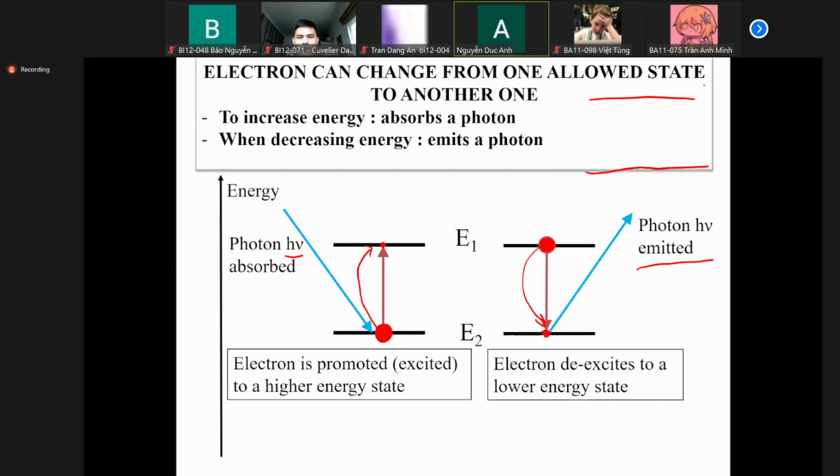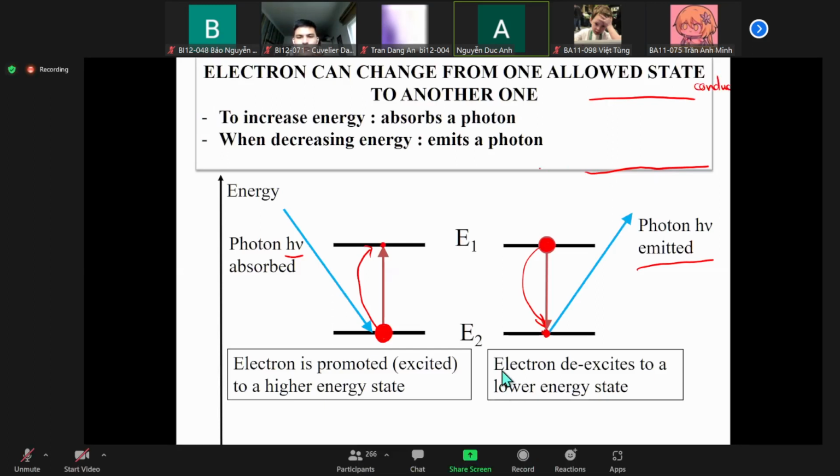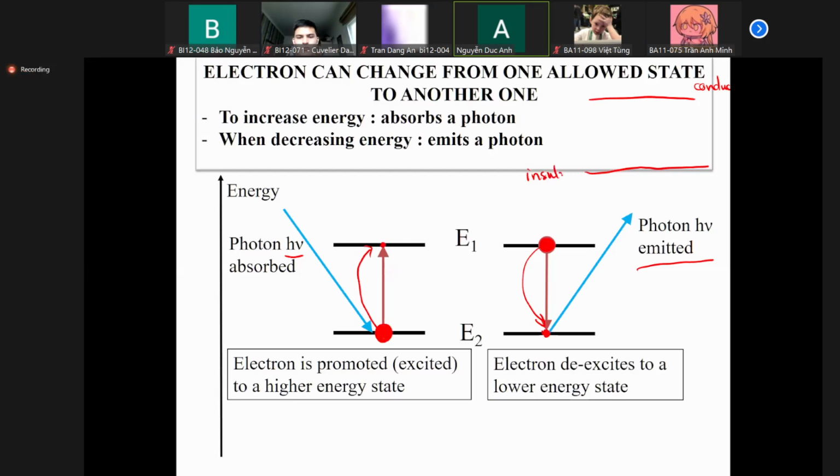For example, a semiconductor has two bands. We call this one the conduction band, and this band the insulator band. So when you shine UV light here, the electron will move from the insulator band to the conduction band.